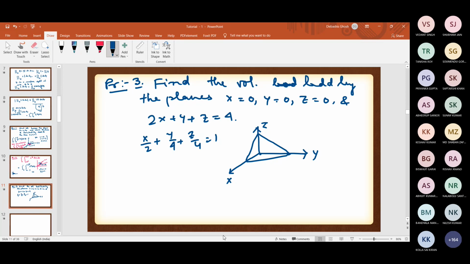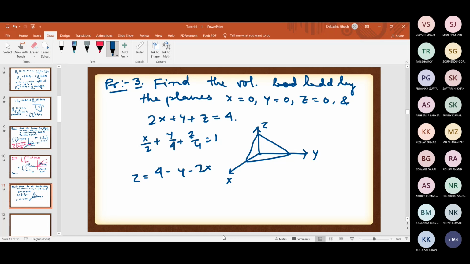In this case you have to find that z equals the outer surface, 4 minus y minus 2x. That is your z. What are the regions that will move from your xy plane to that surface?